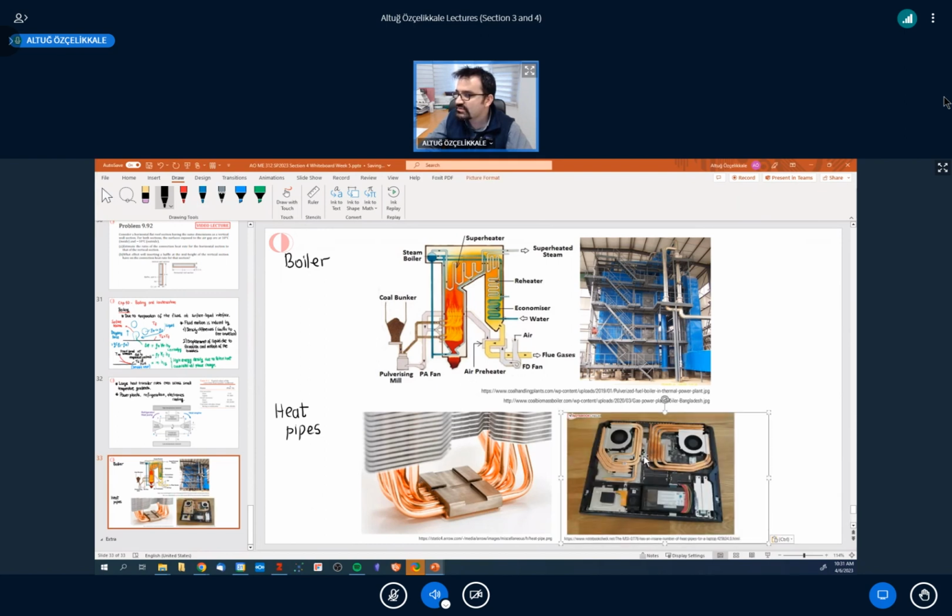And you may not know this, but heat pipes are all over the place. They are inside your phone. They are inside compact mobile computing devices like laptops. And these are essentially things that you might take into consideration.